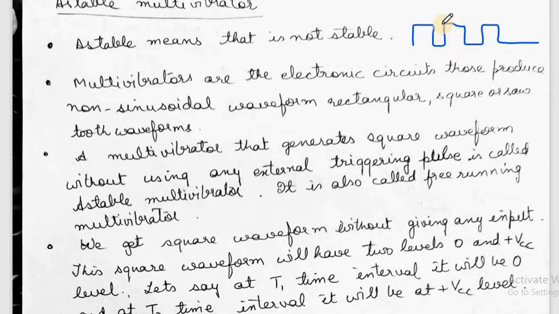Again it instantly switches and then we get the previous level. So that is the basic square wave. Now how is this square wave obtained, and what is the basic circuit for an astable multivibrator? This whole thing we'll be discussing in the coming lecture. Thank you.